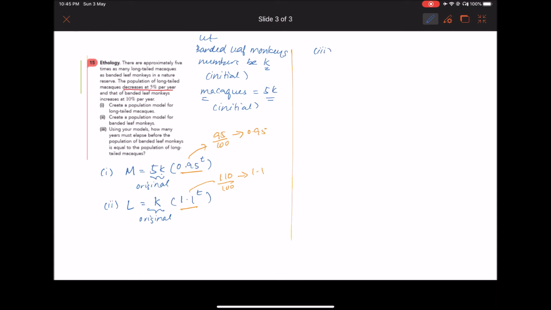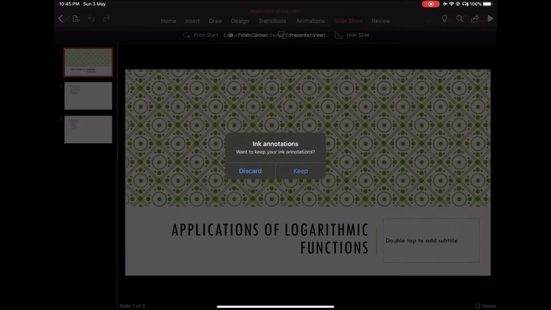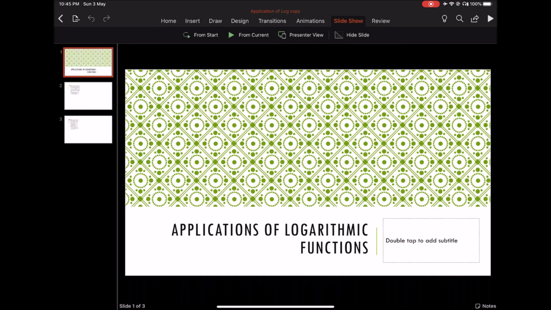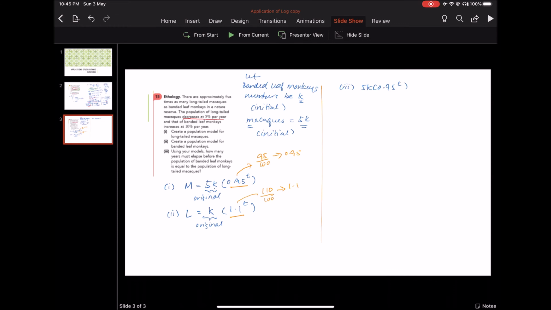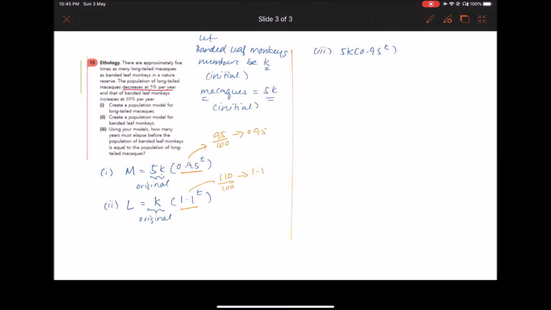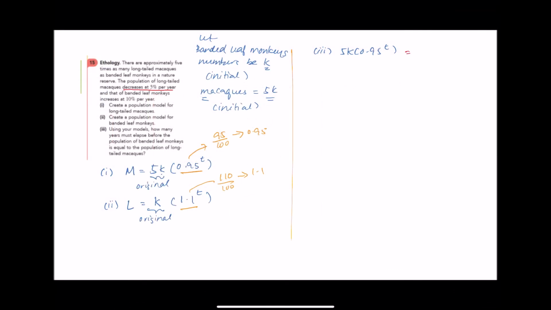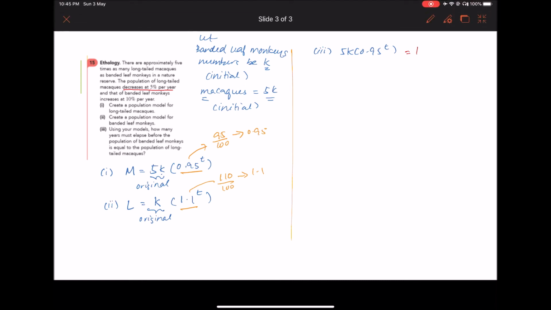We have 5K, 0.95T, so this will be for the number of macaques, and this will be for the banded leaf. Sorry, let me just change the color again. So this is banded leaf K, 1.1 T.